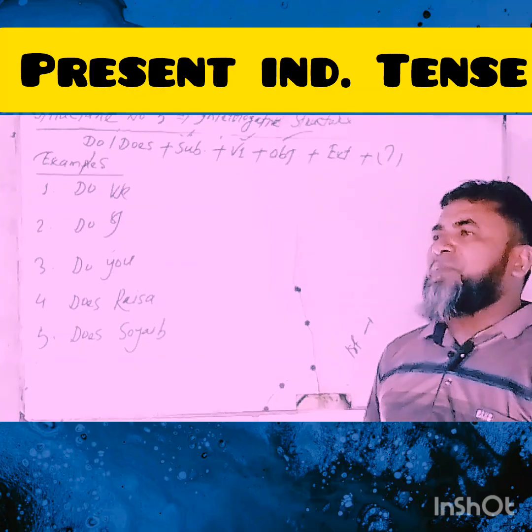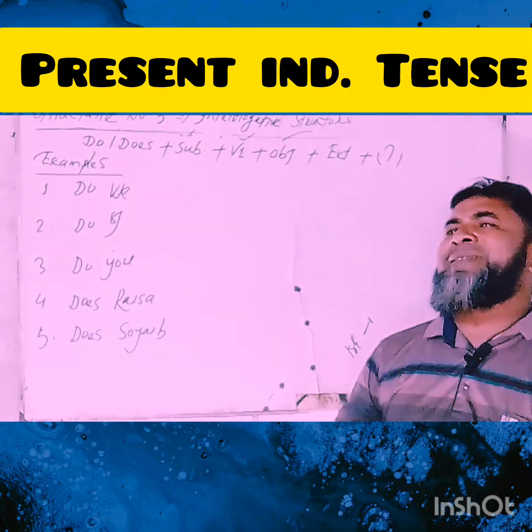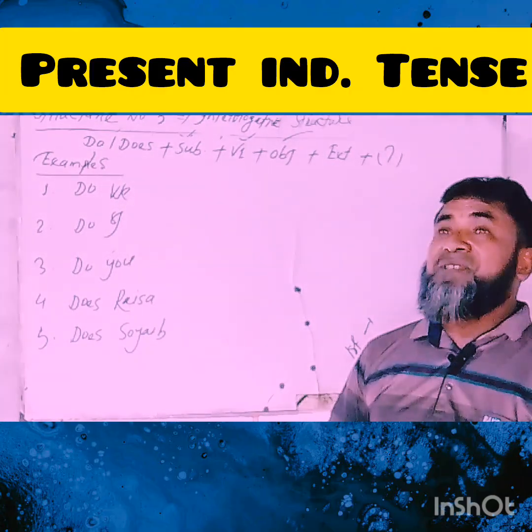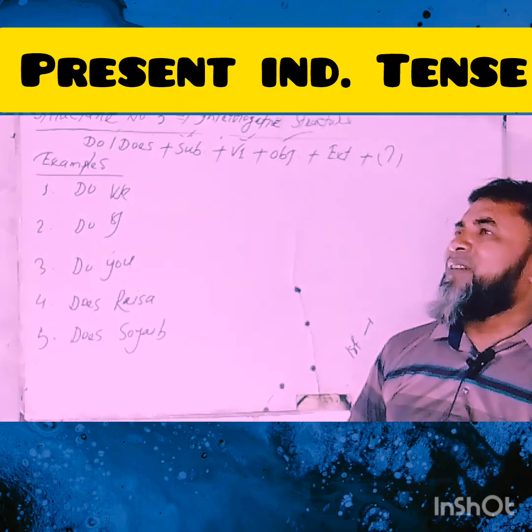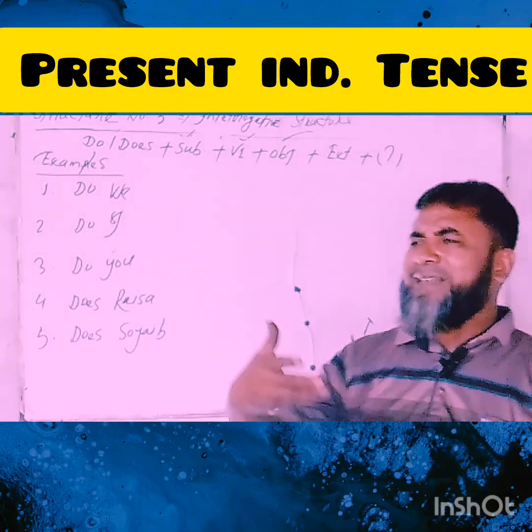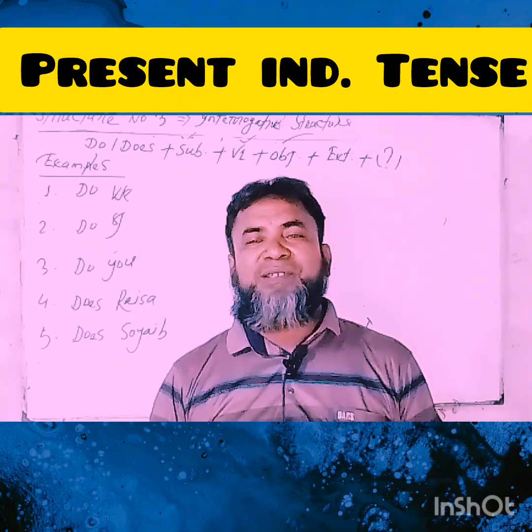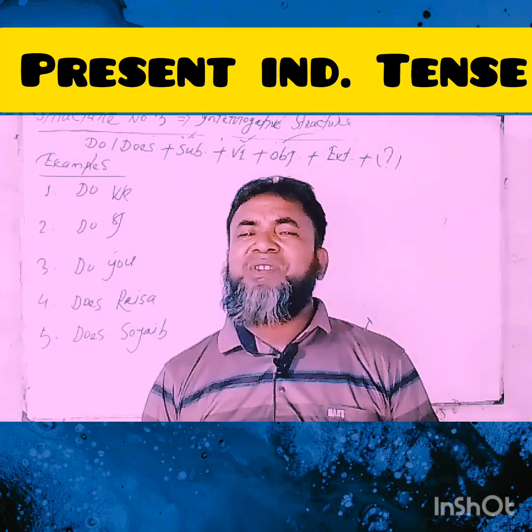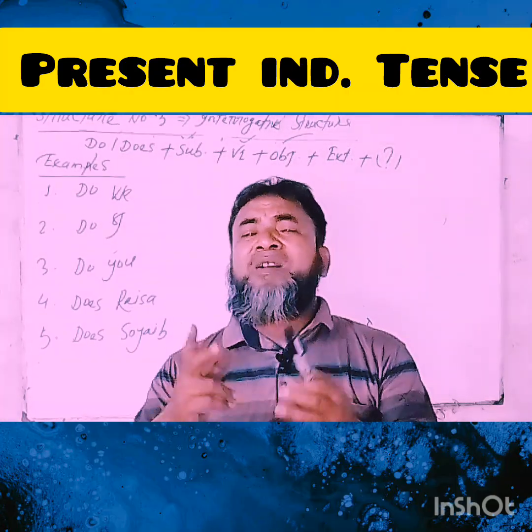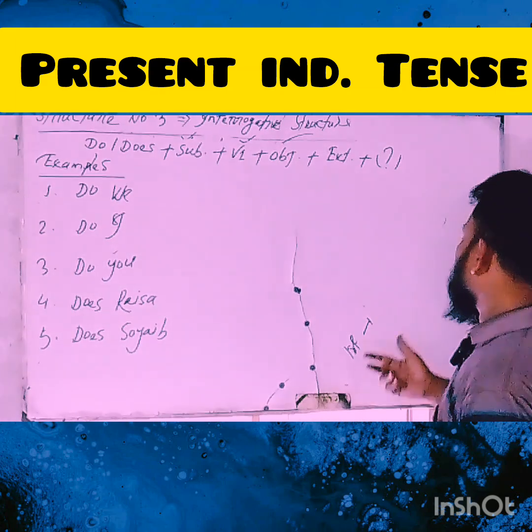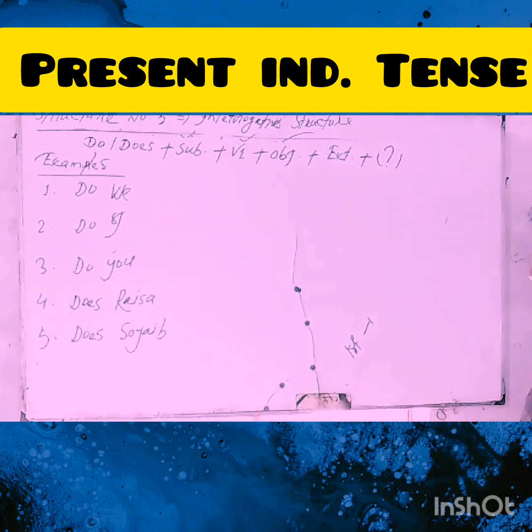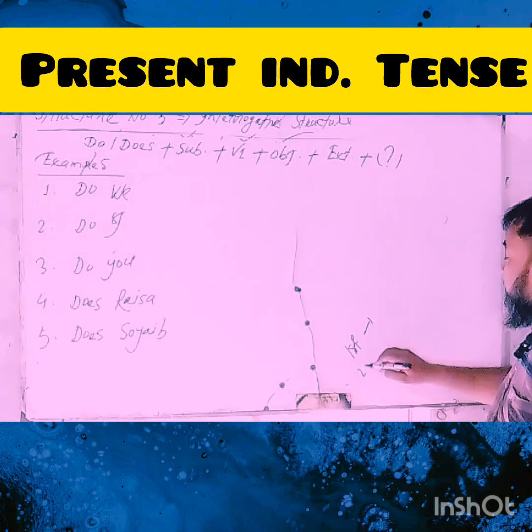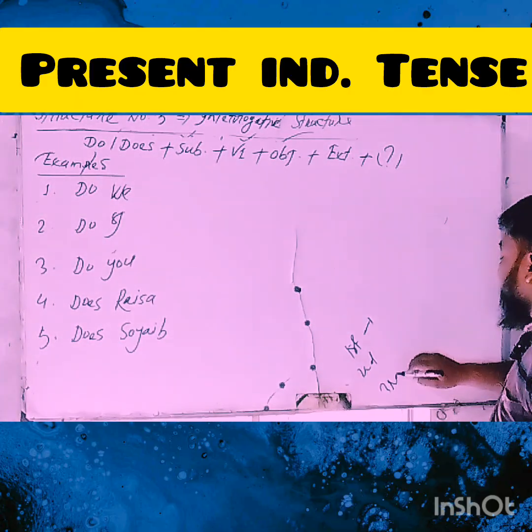You have to mind that, my dear learners, there are some words used in a sentence as a subject, an object, or sometimes a possessive. Such kinds of words we can call person. And this person we can classify into three ways: first person, second person, and third person.